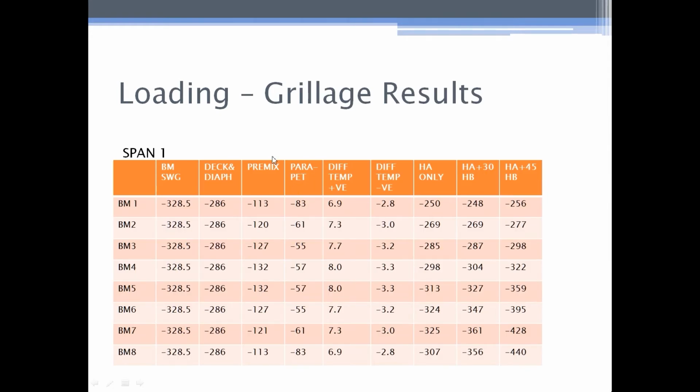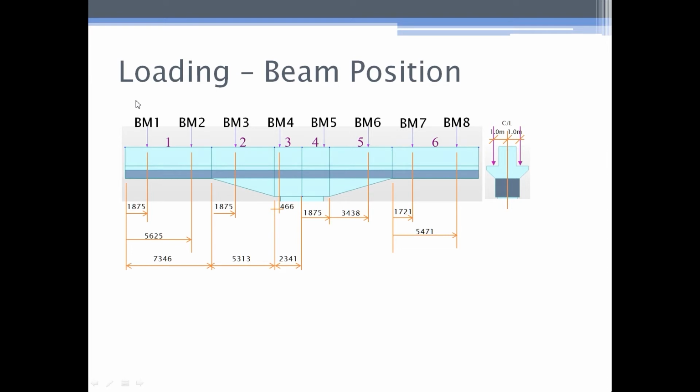These are the loadings which have been obtained from the grillage analysis for beam 1 to beam 8 consisting of span 1 and span 2. The following is the beam positions for point loads in Midas Civil.